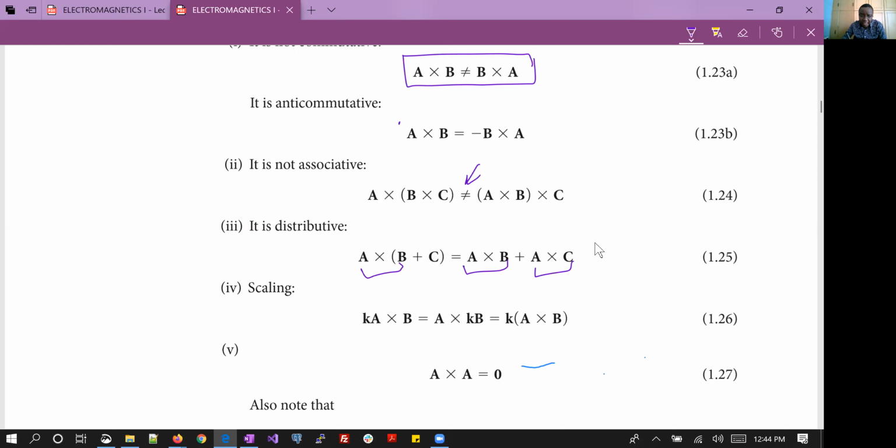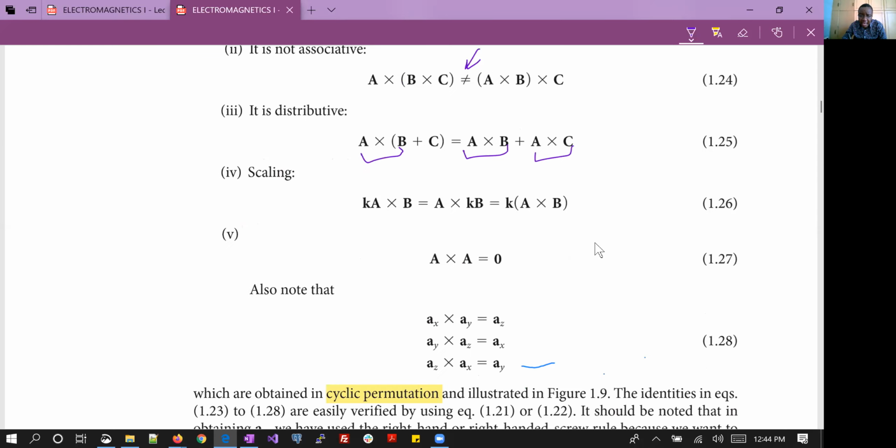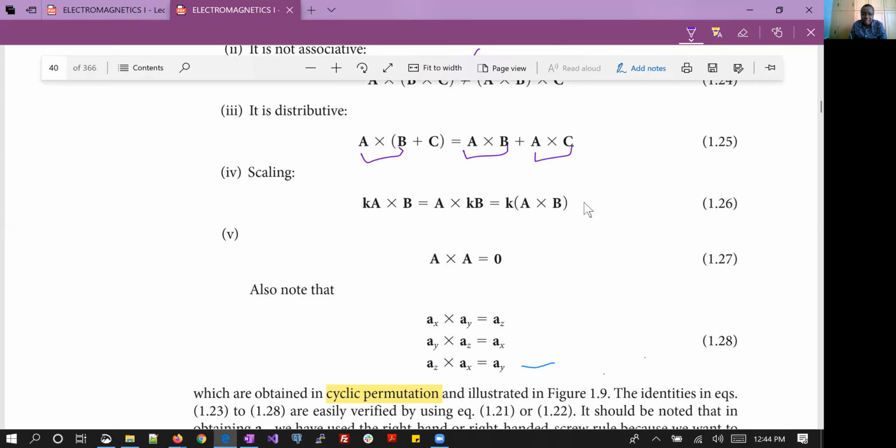And scaling can be done by either doing it with one or with both. Scaling simply means multiplying with a scalar, and you can place your scalar anywhere, either before A, before B, or before both of them.